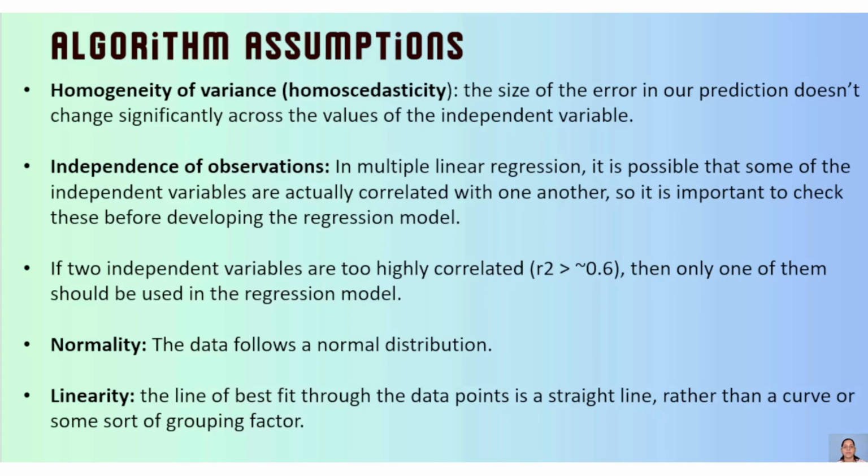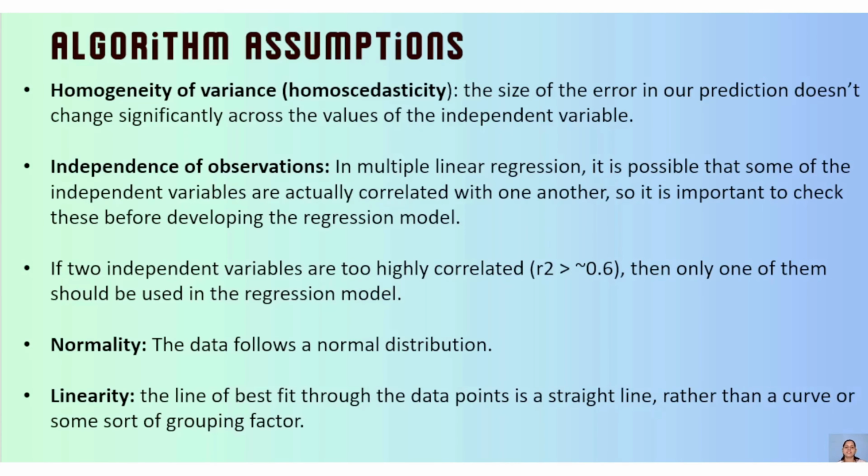The values on the regression line are your predicted values, and the values off the line are your actual values. Homoscedasticity means the size of the errors in our prediction does not change significantly across the independent variables. The quantification of errors will not change much throughout your independent variable. That is homoscedasticity.